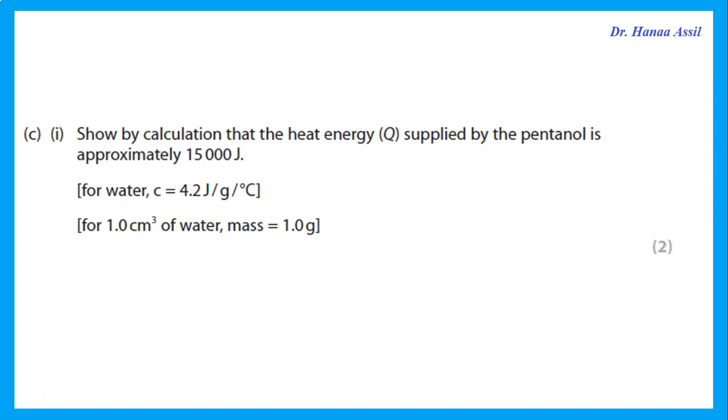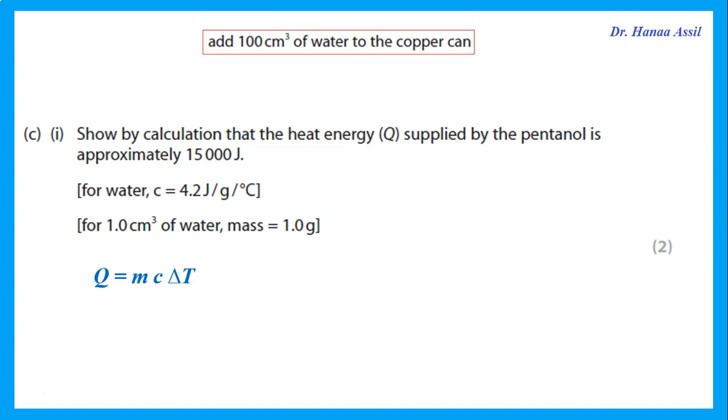Show by calculation that the heat energy, Q, is about 15,000 joules. How do we get Q? You should know that Q is mc delta T. What is m? m is the mass of water. So m is 100, and remember that for water, density is equal to 1, so the volume is the same as the mass. So when the question says add 100 cm³, that is 100 grams.